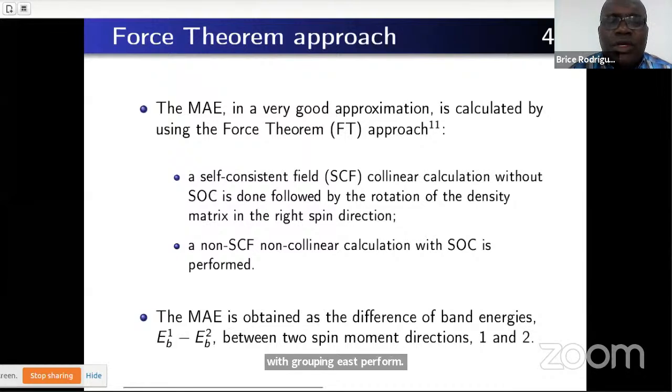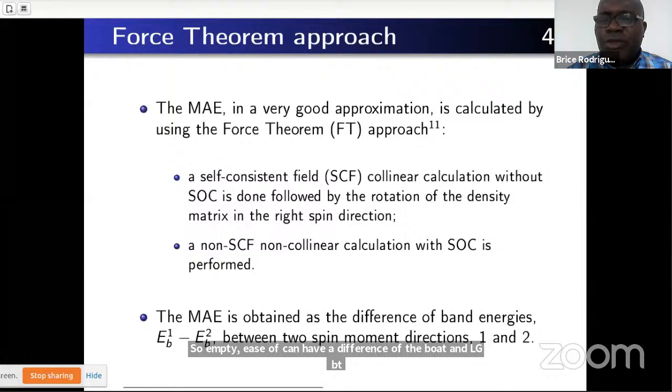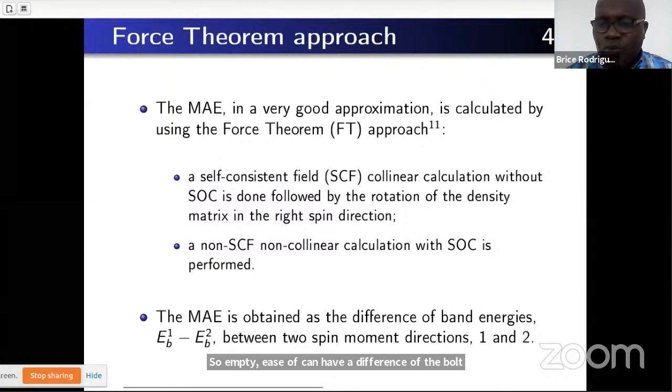The MAE is obtained as the difference of the bond energy between two spin moment directions 1 and 2.